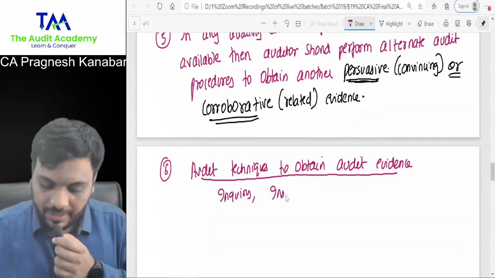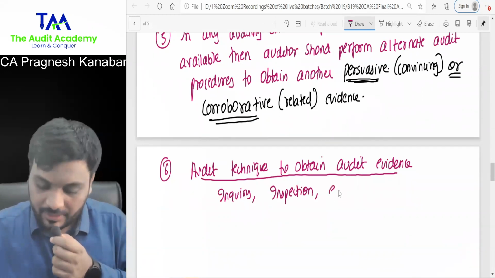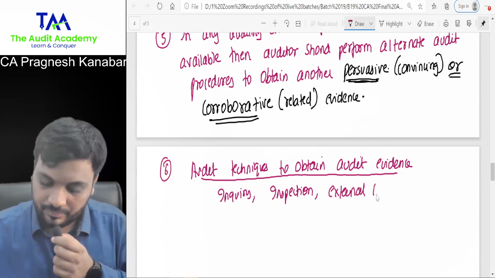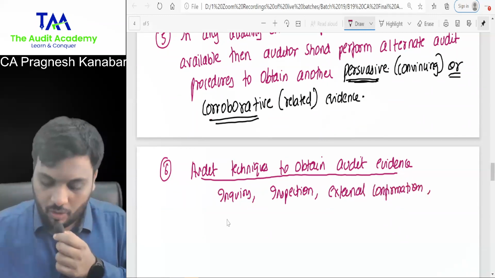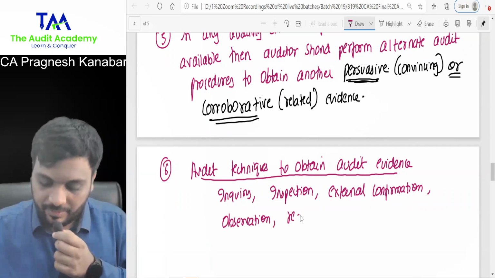We go for inspection. Yes, we go for external confirmations. We go for observation. We do the totaling and stuff. We go for recalculations.